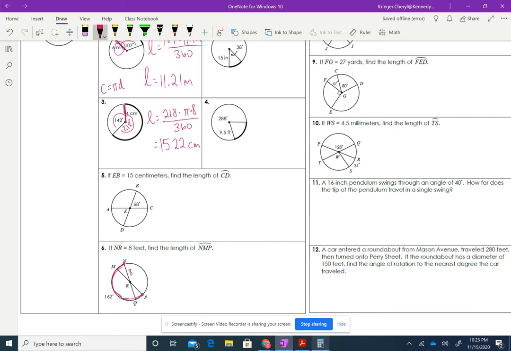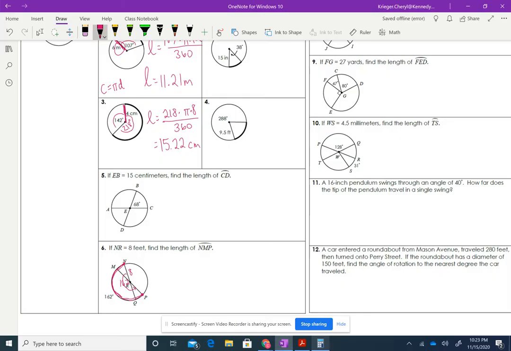Okay, and it looks like they gave me this central angle, MRQ, is 162. Okay, but I need the central angle from N through M to P.